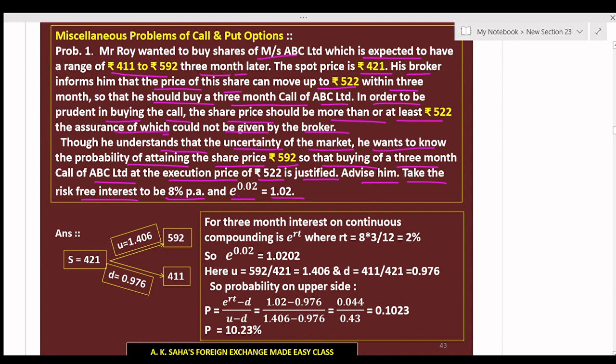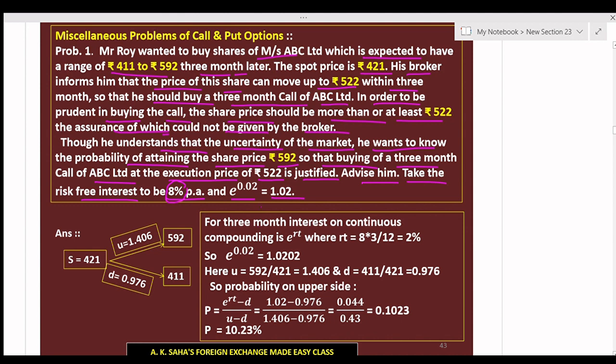E to the power 0.02 means e to the power RT. R here is 8% and T is 3 months, so 8 into 0.25 is equal to 2%. So e to the power 0.02 will be used in the formula to find the probability.